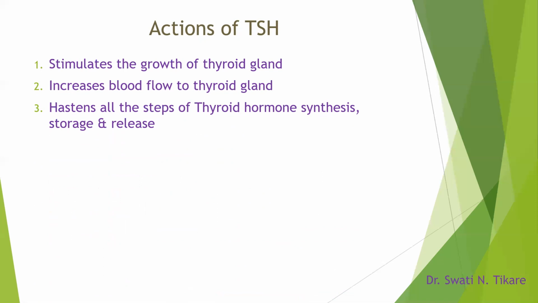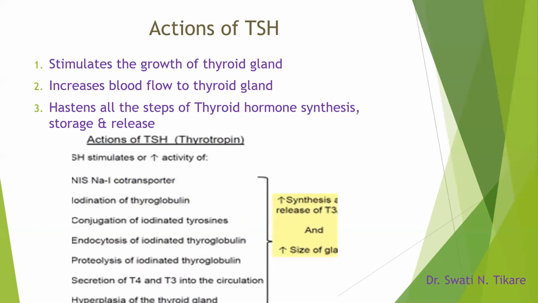If you know the steps of thyroid hormone synthesis, you can simply say it increases thyroglobulin synthesis, it increases iodine uptake, it increases iodine coupling with the tyrosine, it increases the coupling reaction between DIT and DIT-MIT, and it increases the overall T3, T4 synthesis, secretion, storage, and release. So this is how.